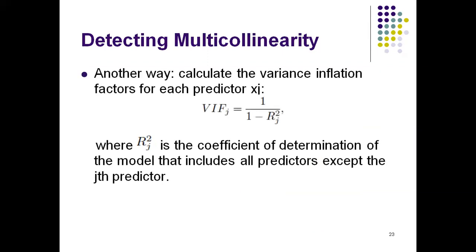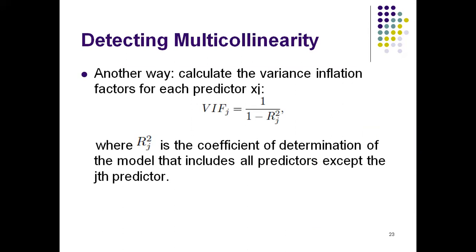Now, detecting multicollinearity. One approach is called the variance inflation factor, that is VIF. VIF is equal to 1 by 1 minus R square j, where R square j is the coefficient of determination, the R square value. Just now I showed you how to calculate the R square value.